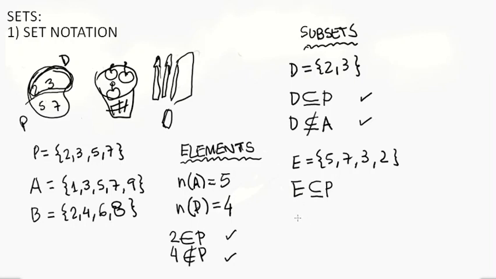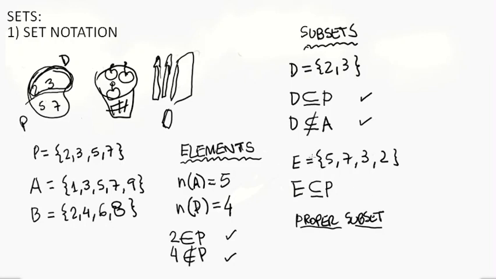Now, there is a particular case in which we have a proper subset. A proper subset is when you have two sets which are not the same. One is a smaller portion of the other one, but they are not equal. For example, in this case, E and P are not only a subset of each other, but they contain exactly the same elements.